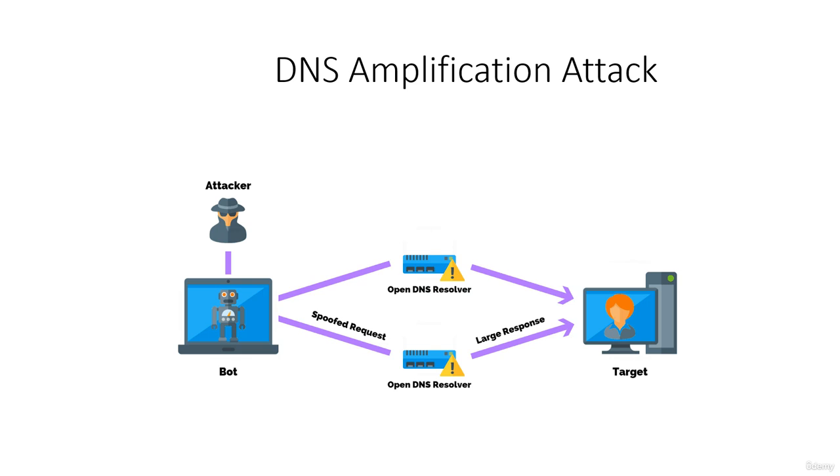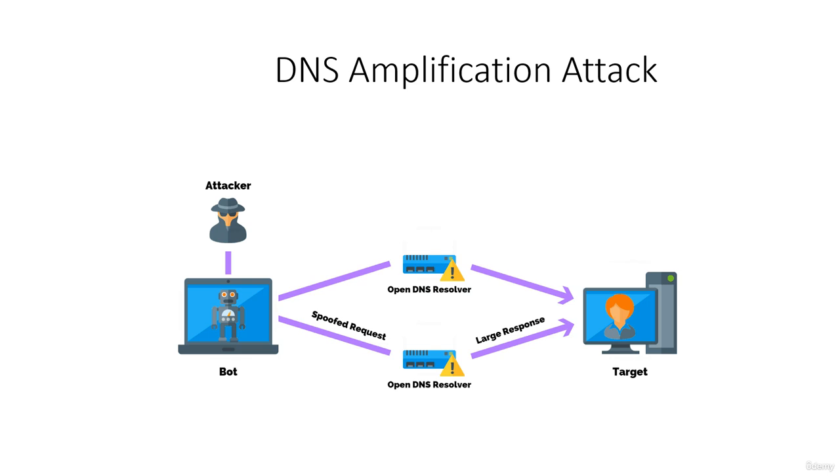So, what we are actually getting here is an attacker making a small query to a DNS server while spoofing the IP address of the target they want to take down. Very specifically, they are trying to make a DNS query which is small but results in a large response.